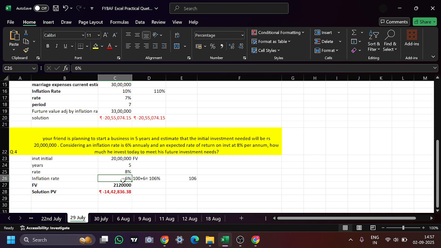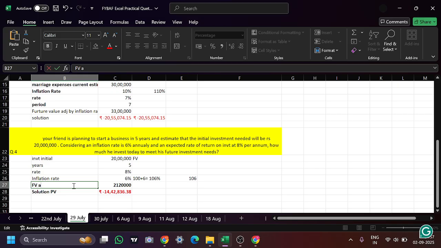Now we are going to calculate the future value adjusted against inflation rate first. So how are we going to calculate this?